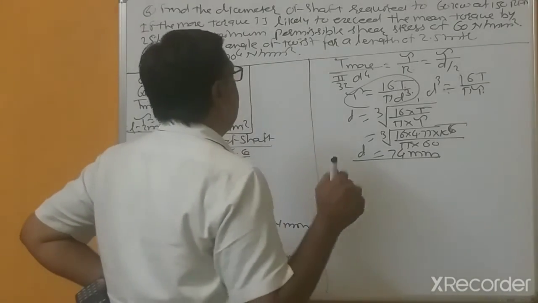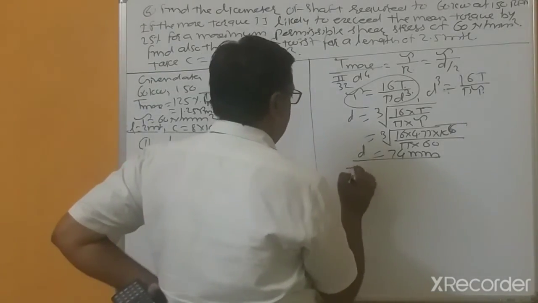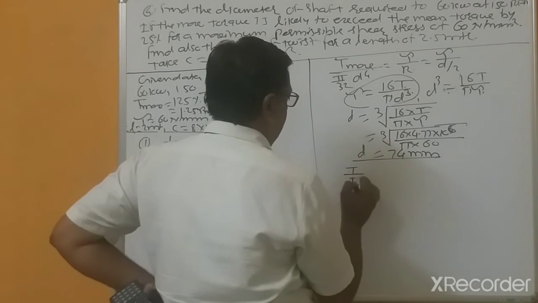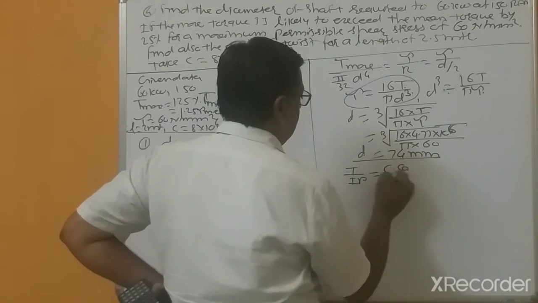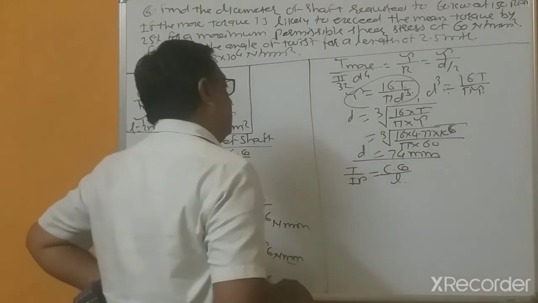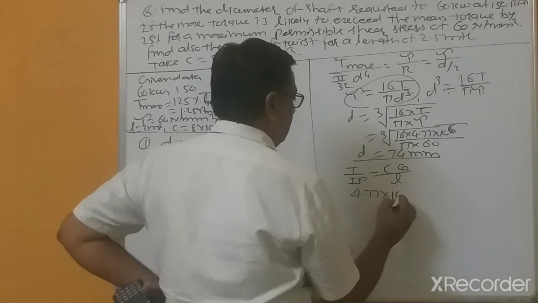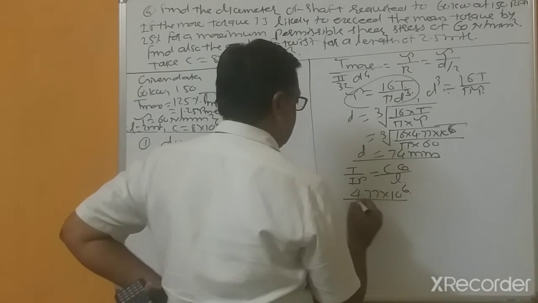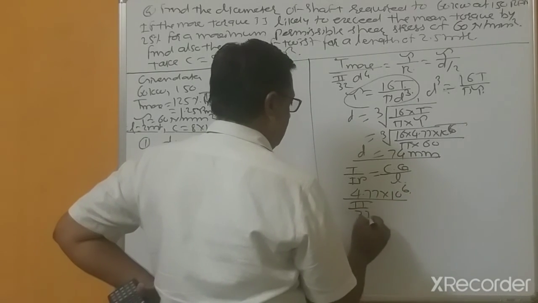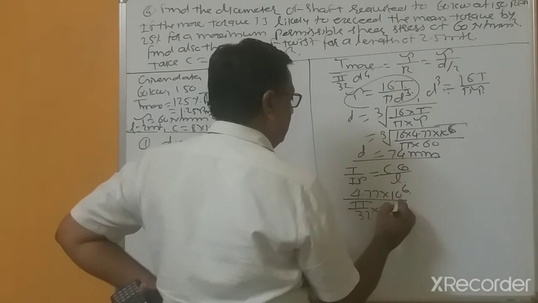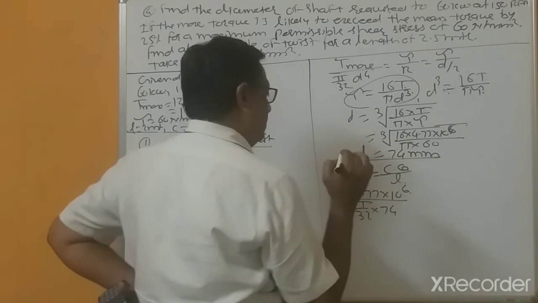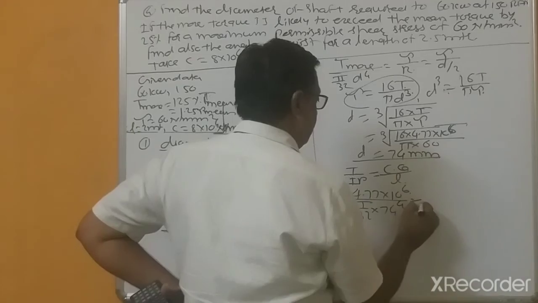Angle of twist for a length of, now T divided by polar moment of inertia equals C theta divided by L. So this is 4.77 into 10 to the power 6, pi by 32 into 74 raised to 4.